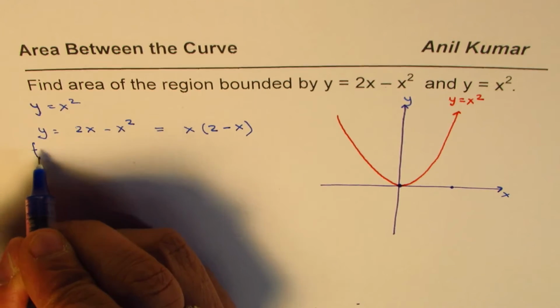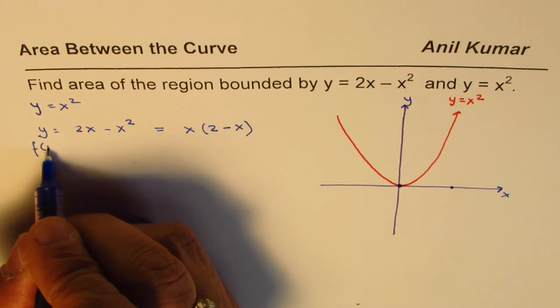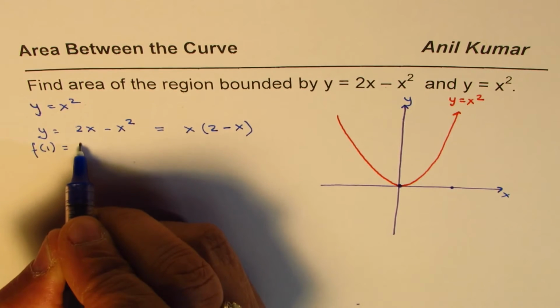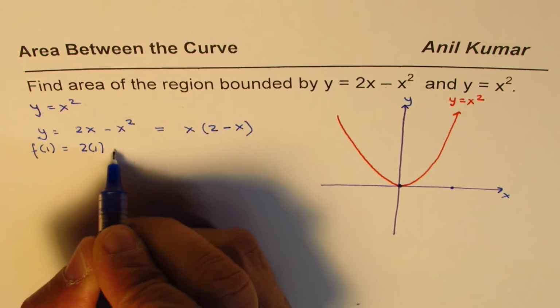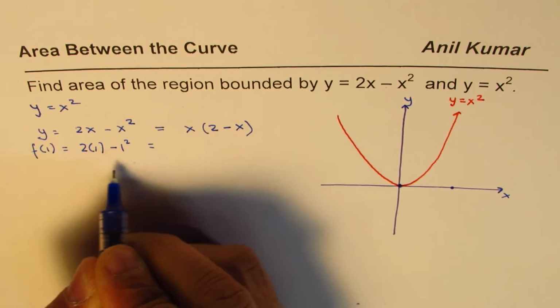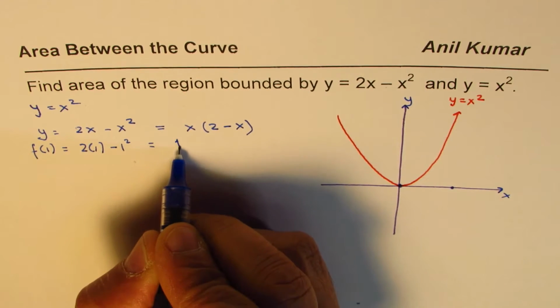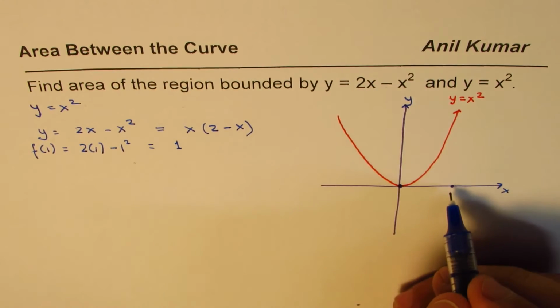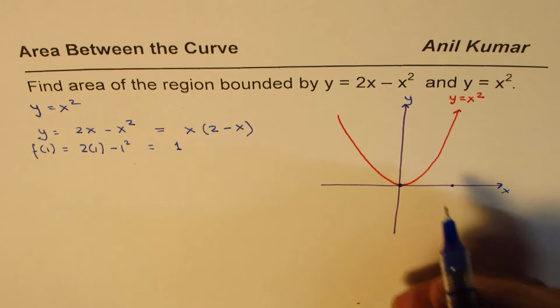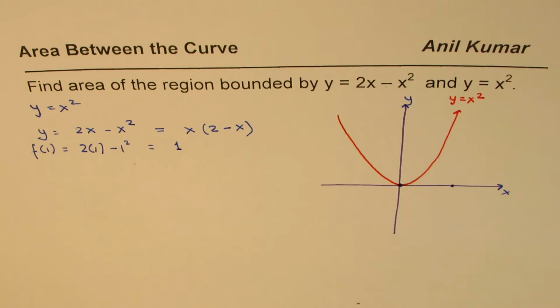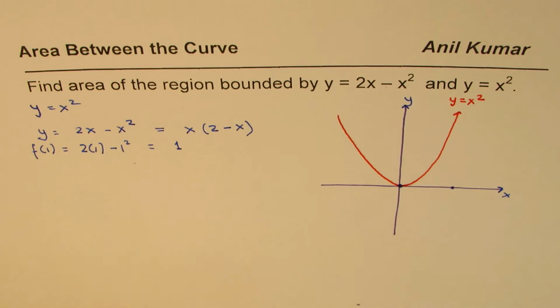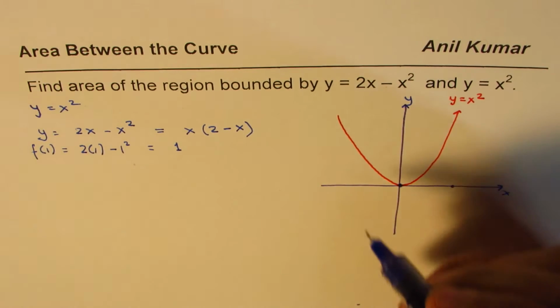We can also find the value of this function at 1 by substituting 1 here. 2 times 1 minus 1 squared. So 2 minus 1 is 1, right? I'll make a bigger picture so that we have a good look at what we're trying to do.